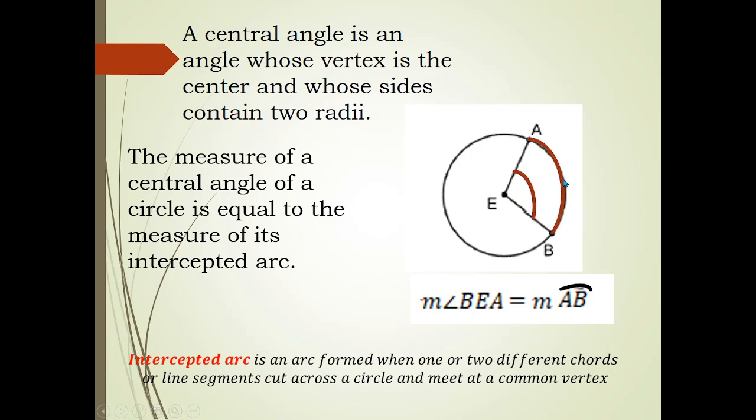So they are equal. Assuming that angle BEA is 100 degrees, the measure of arc AB is also 100 degrees. So that's the relationship of the central angle and its intercepted arc.